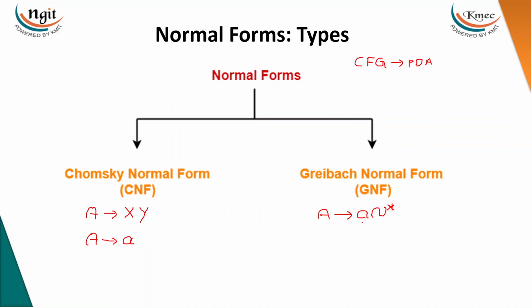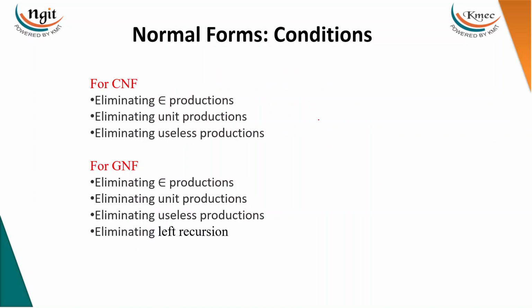The right hand side is either a single terminal, or a terminal followed by a single non-terminal, or a terminal followed by two non-terminals, or three non-terminals, or any number of non-terminals. So star indicates zero to infinite. That is called GNF. We'll discuss how to convert a grammar to GNF in the next video. In this video we'll mainly focus on CNF.